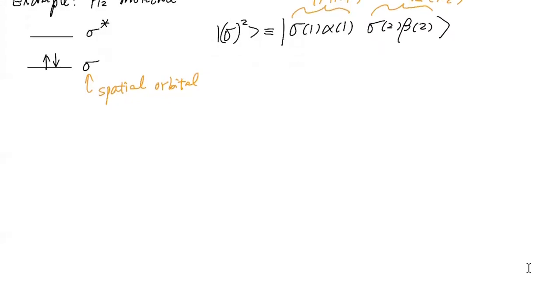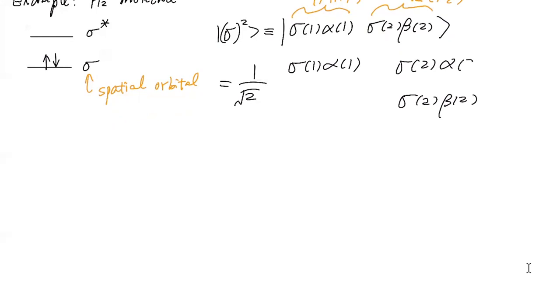And the corresponding Slater determinant is 1 over square root of 2, sigma 1 alpha 1, sigma 2 beta 2, and sigma 2 alpha 2, sigma 1 beta 1. Right?